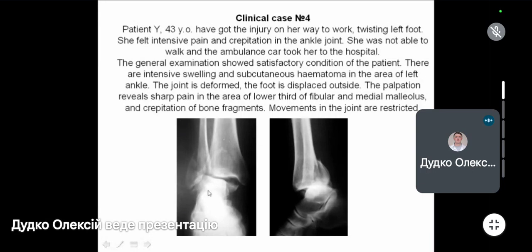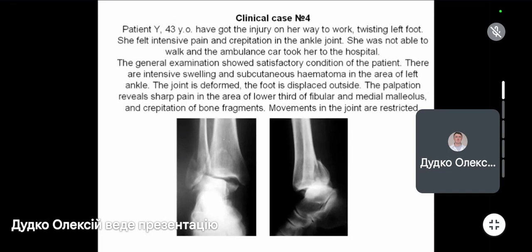Practically, we push with hands the calcaneus and the foot to the middle side, and we reduce this displacement and this displacement. And we push it from posterior to anterior side and flex the foot. So we correct posterior displacement. And after that, you should perform retention. So you're keeping this foot in corrected position and waiting until the plaster of Paris bandage will be applied and plaster of Paris will become harder.